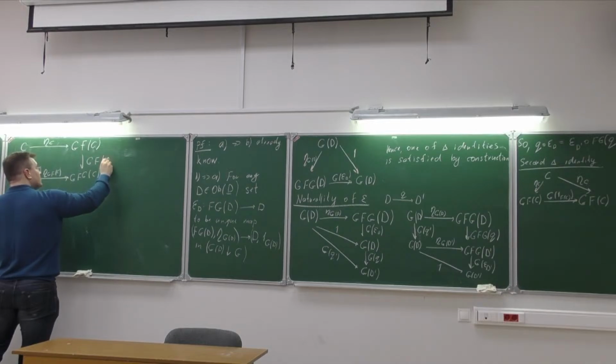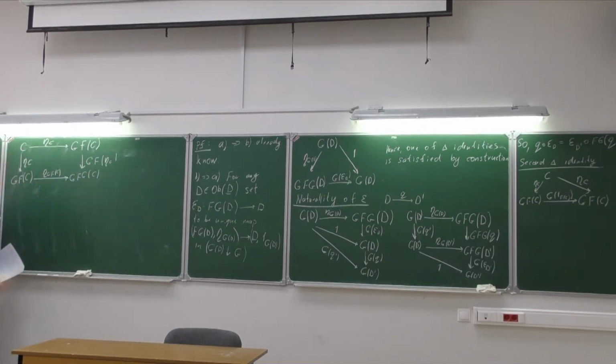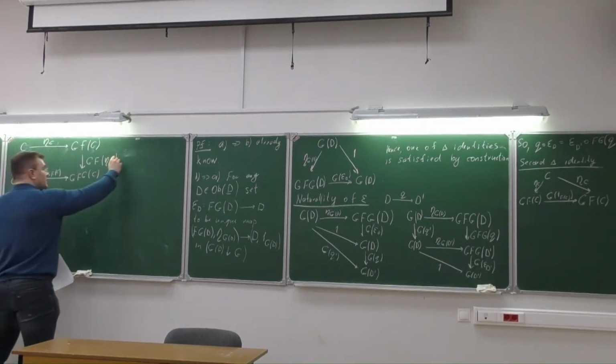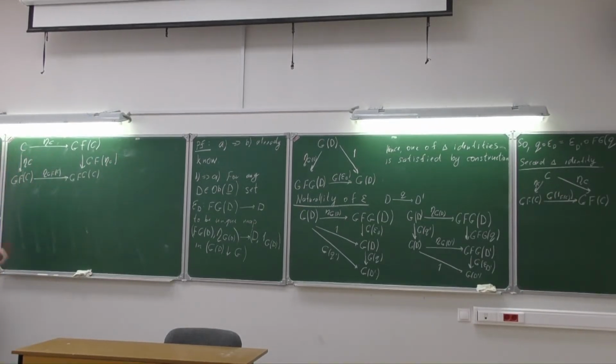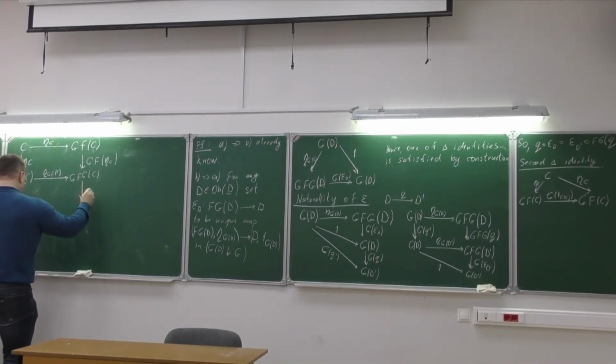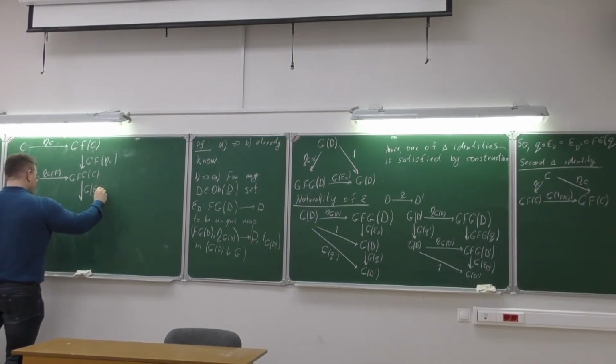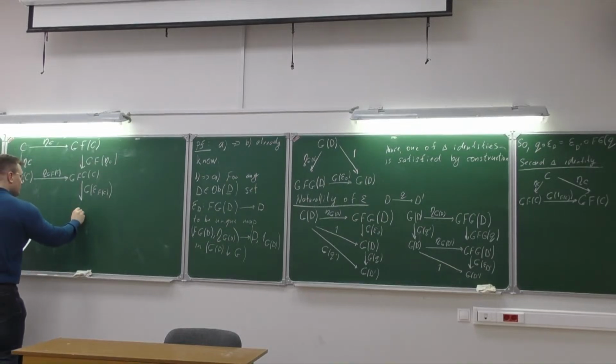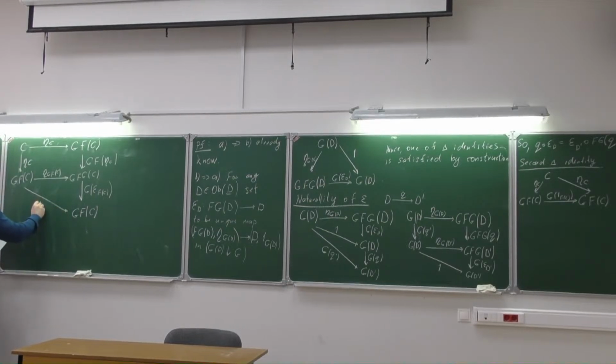The beginning of this diagram, namely this commutative square, is just, again, the statement that eta is a natural transformation. Now, the additional triangle that I need in this diagram contains G of the epsilon F of C to the GF of C and identity here.